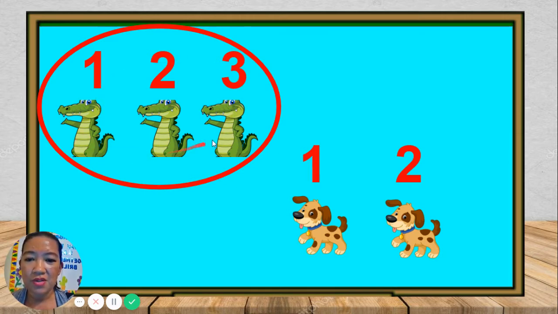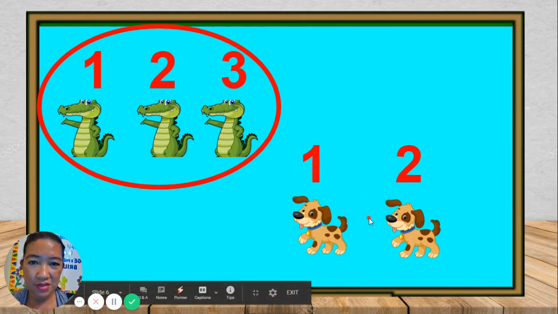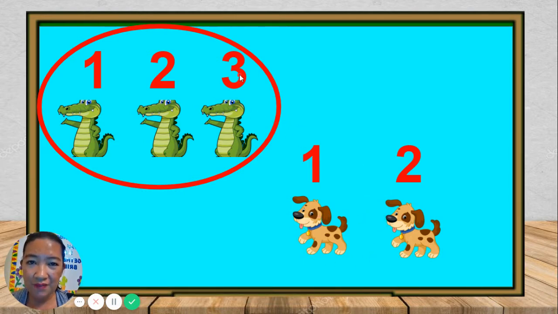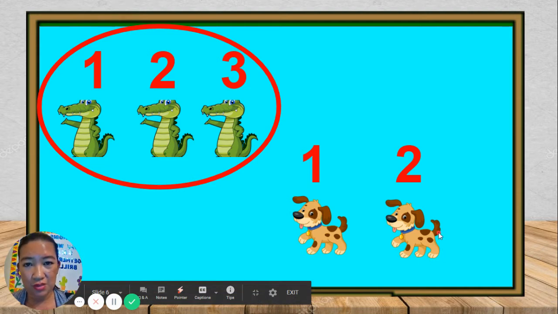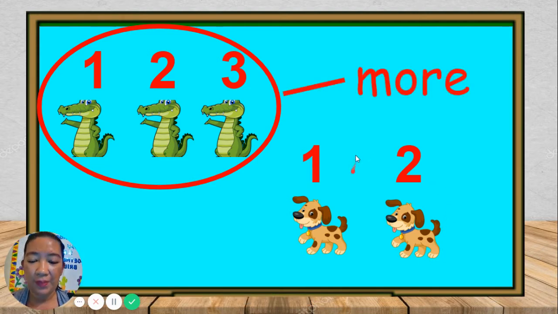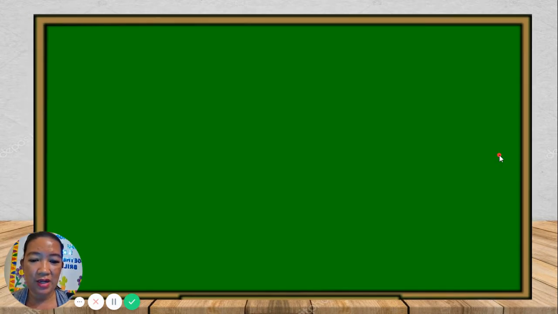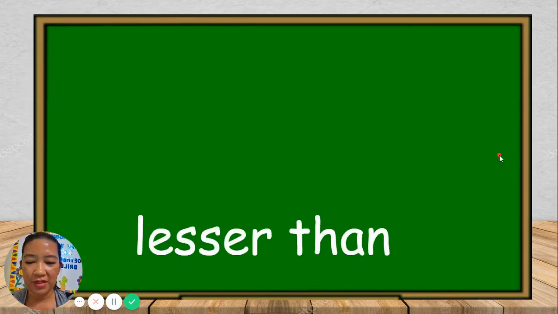The alligators are more than the dogs because there were 3. Or we can also say the alligators have a higher number than the dogs, which is only 2, right? So, right here, we have 3 alligators. We're going to use more for that. Good job. Let's do the next one.